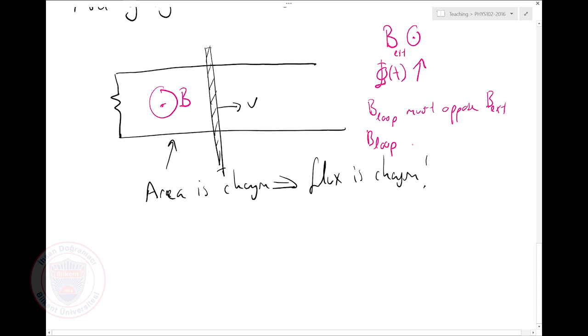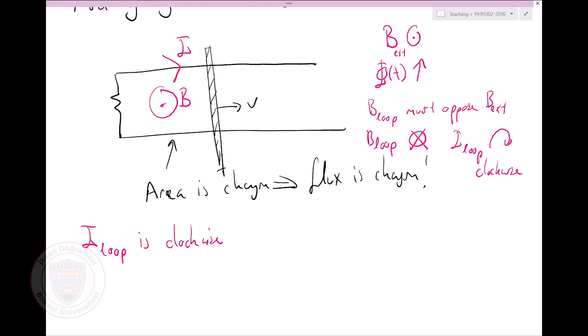B loop must be into the page. To create a field into the page, my right hand tells me that I loop is clockwise. All right? Good. At least we've established that I loop is clockwise.